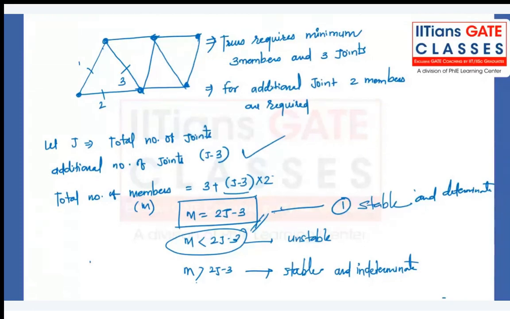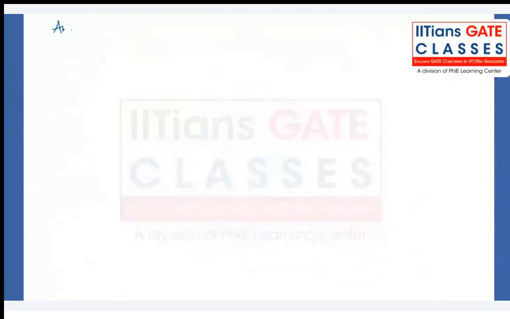Okay, so write down the heading: analysis of the truss. There are two methods. One is the method of joints, and another one is the method of sections.